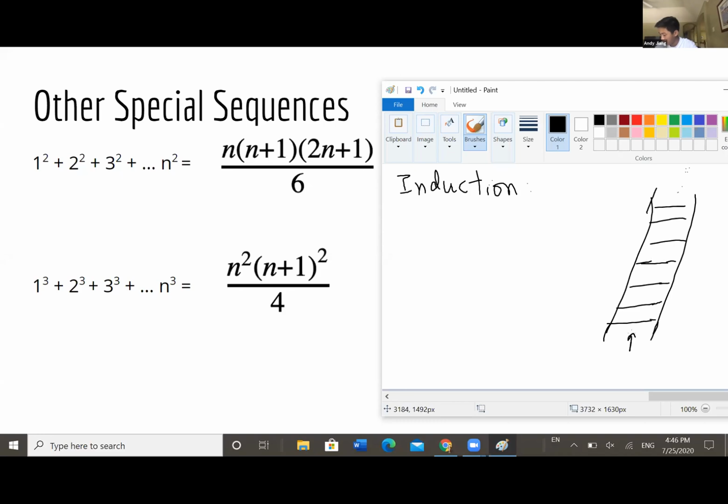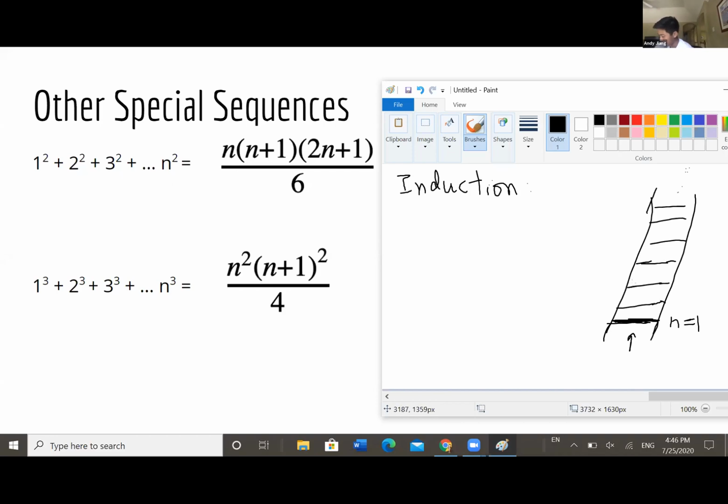We start at rung 1. This is case n equals 1. So this is our first one, and we have to prove that we can, in the first place, step on this. So can we step on this? Is n equals 1 true? And yes, I just showed that when n is 1, this formula does in fact work.